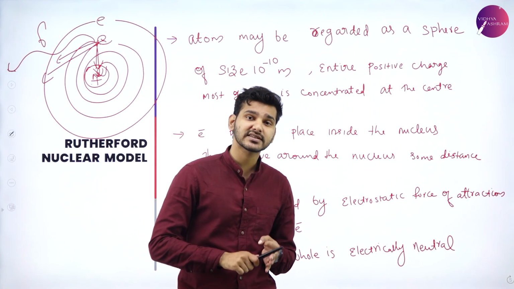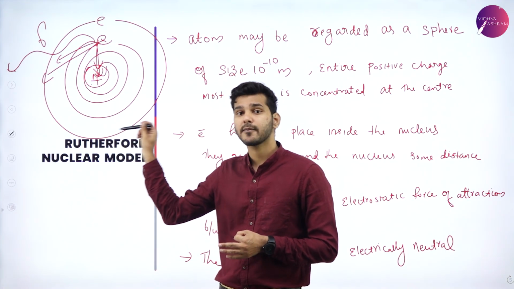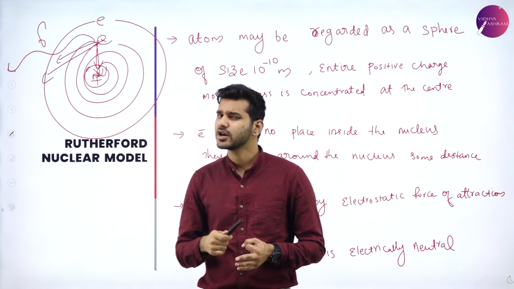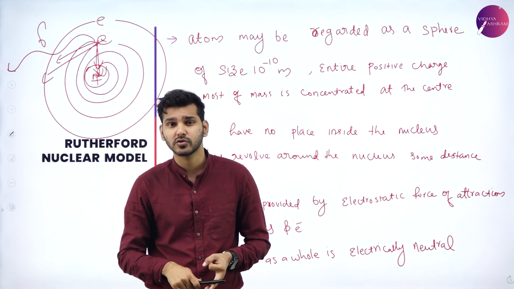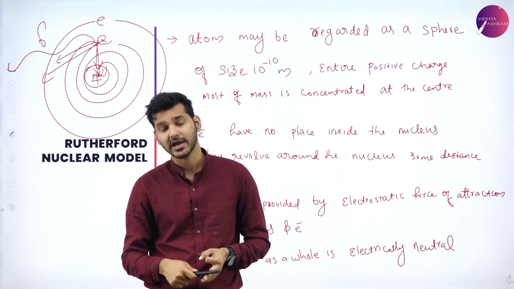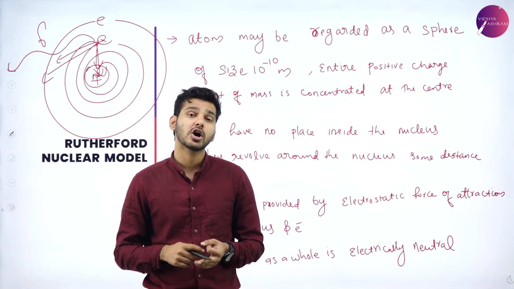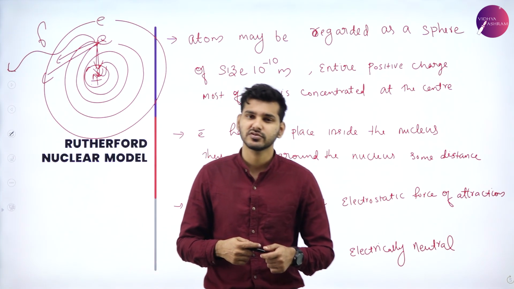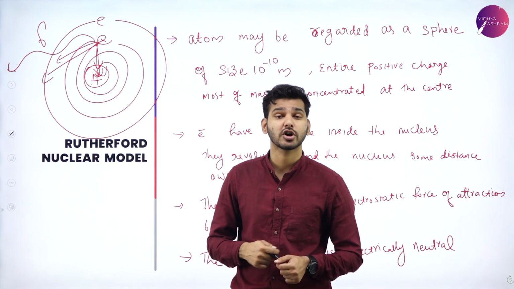And giving fixed positions to the electrons to revolve around the nucleus again was a drawback, because later it was proved to be incorrect. And then we can say that it could not explain the fine spectra of the hydrogen atom. So those were the drawbacks of Rutherford's atomic model.